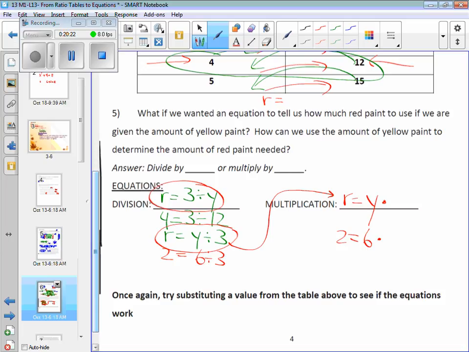Addison, how many think less than 1? How many think greater than 1? All right, so we're in agreement. 6 times some value less than 1 has to make 2 because the number's getting smaller, right? So now we got to start thinking, okay, less than 1, we're thinking fractions. 6 times what makes 2?